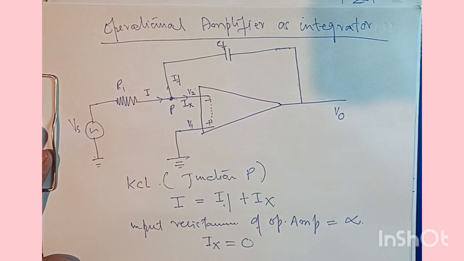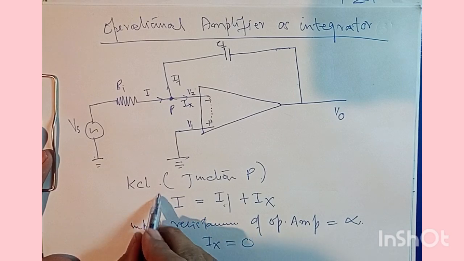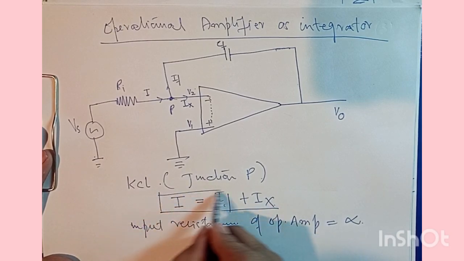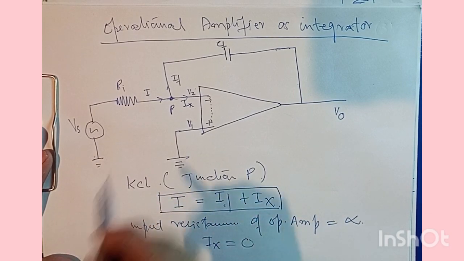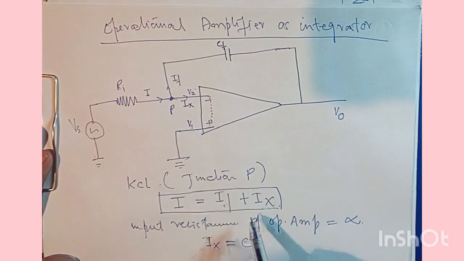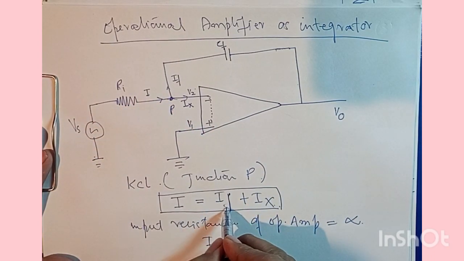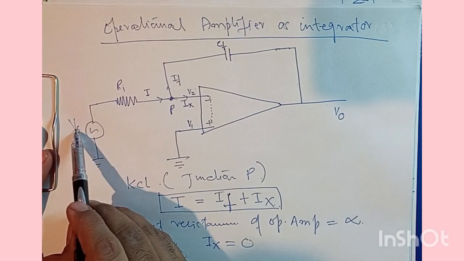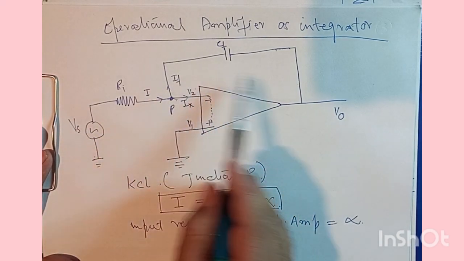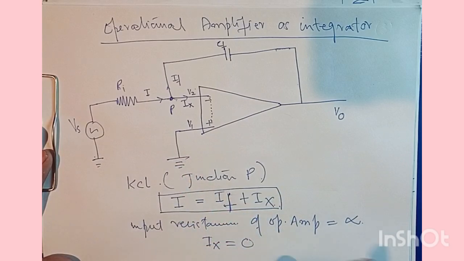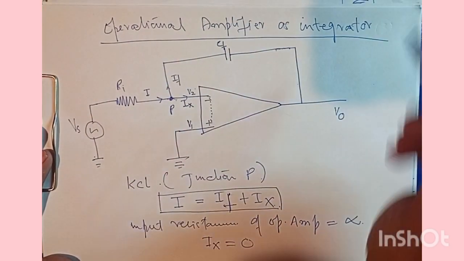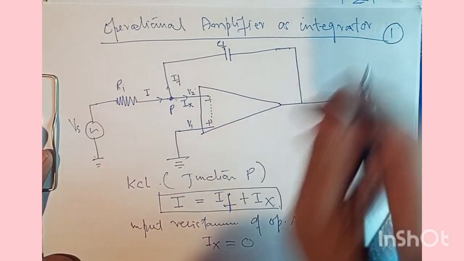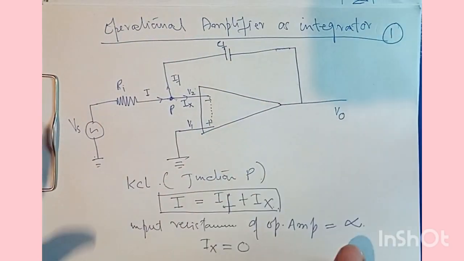Now this equation will boil down to I equals IF. So what we have, basically, is Vs, V2, and then V out. Now let's write down this equation in terms of voltages and currents. Let me mark this page as page 1.